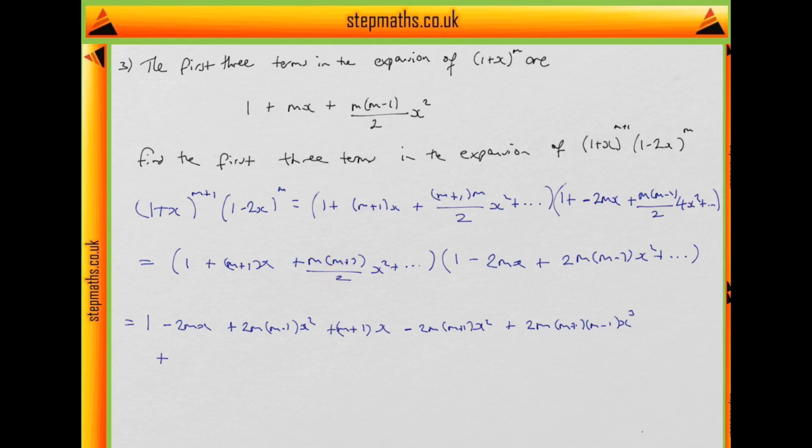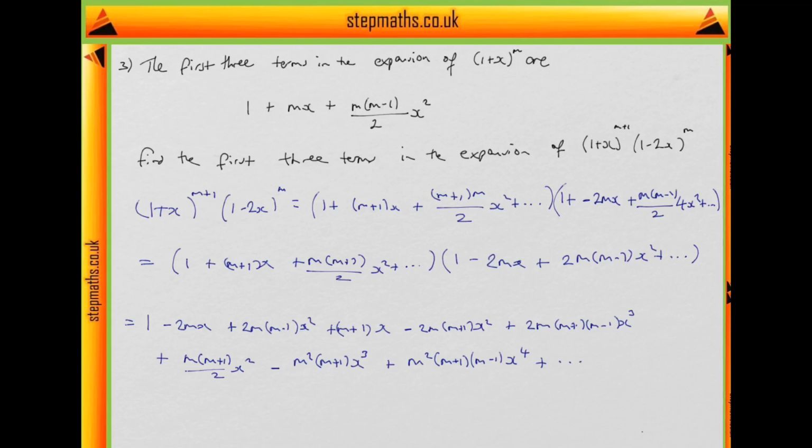Now for this term, plus m(m+1)/2 x² minus 2, nope, not 2, sorry, the 2 cancels. So minus m²(m+1)x³ plus m²(m+1)(m-1)x⁴ plus dot dot dot.